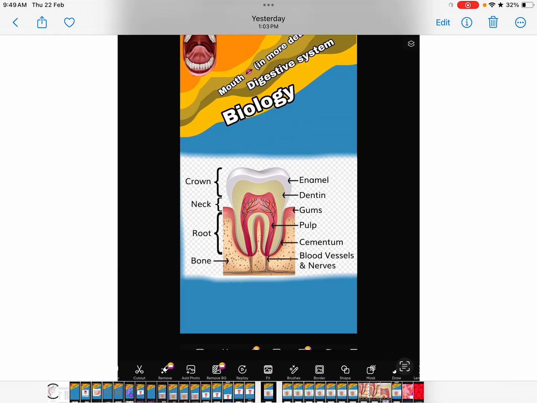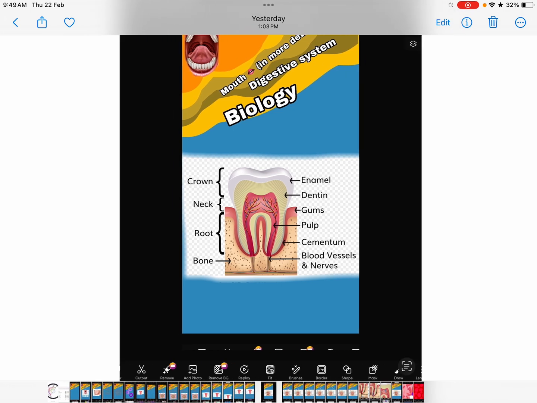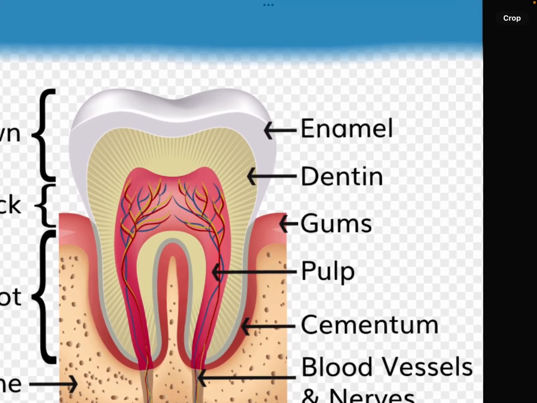Now let's learn about the tooth. The tooth has these parts: enamel, dentin, and pulp. Enamel is the hardest substance in our body. It protects the tooth. But sometimes the strongest also need help.